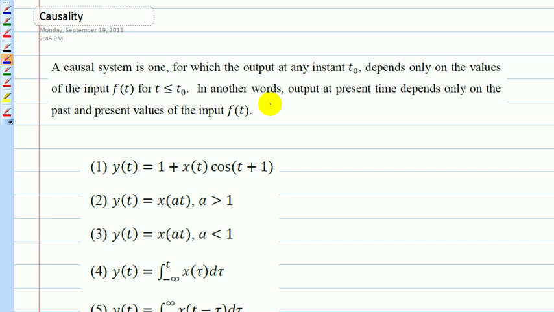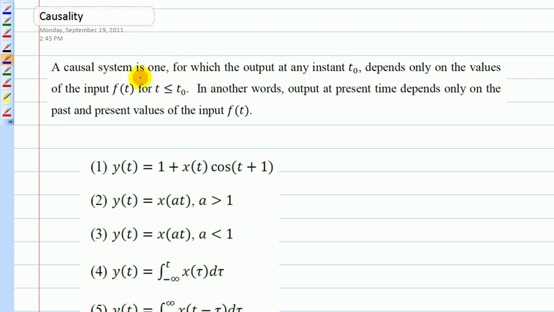The concept of a causal system is fairly straightforward. It's not anything like linearity, where you have a precise mathematical proof you want to do. Here's just a description. All you need to show is that the system output depends only on input values in the past or the current.